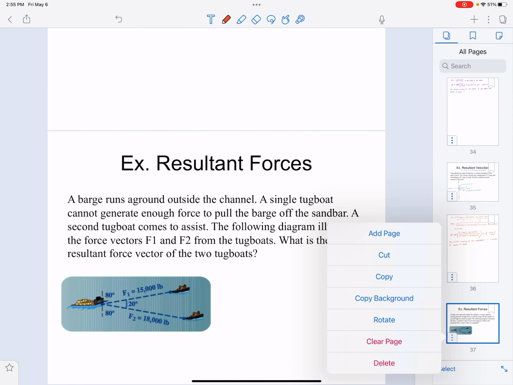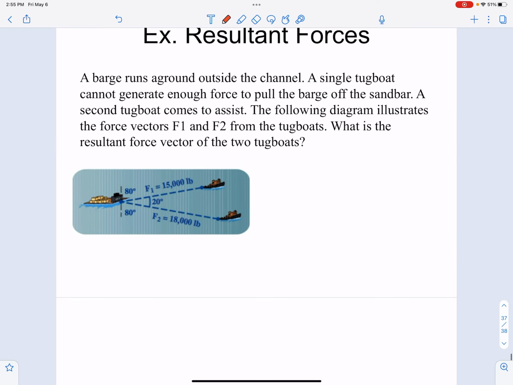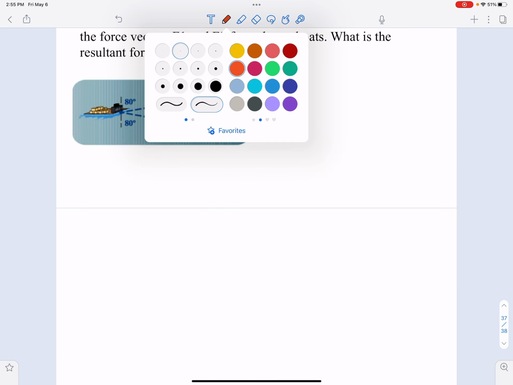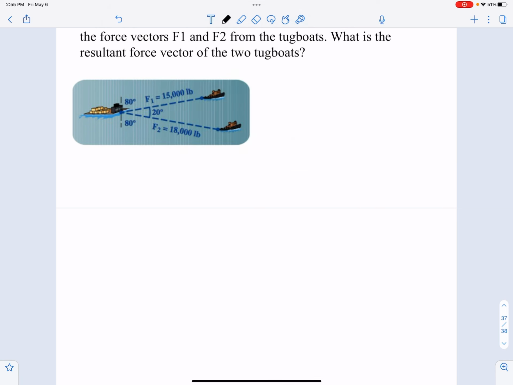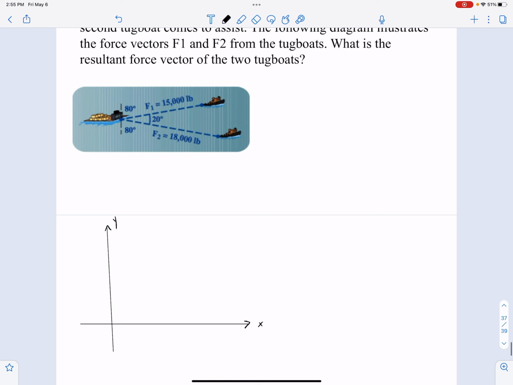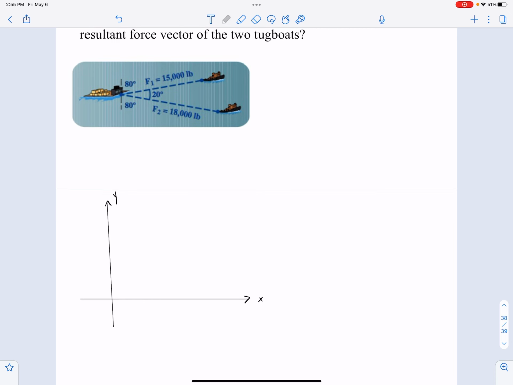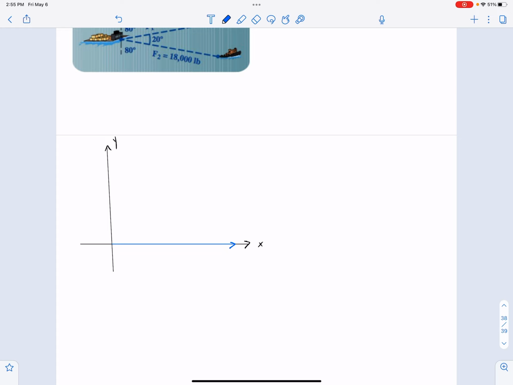Okay, so I'm going to adjust this picture and give myself another page. And then I'm going to adjust this picture so that it's drawn in the XY plane. So I'm going to draw the second force as being on the positive x-axis, so F2. And then it would be represented in component form as 18,000, 0.